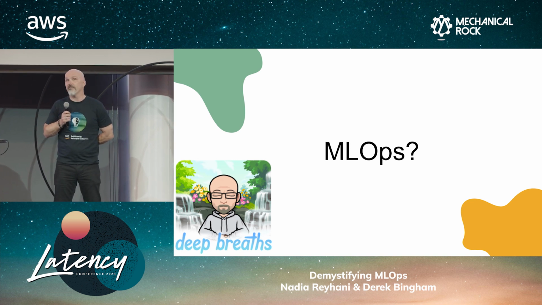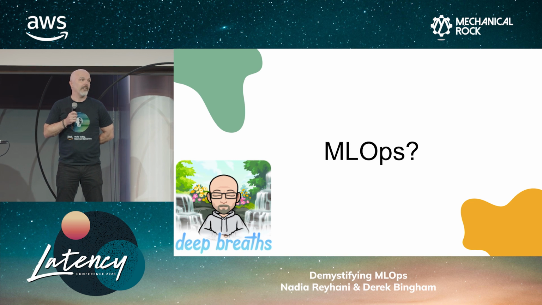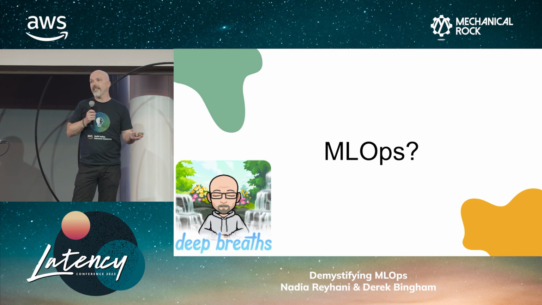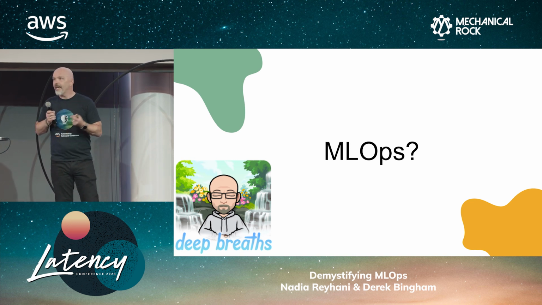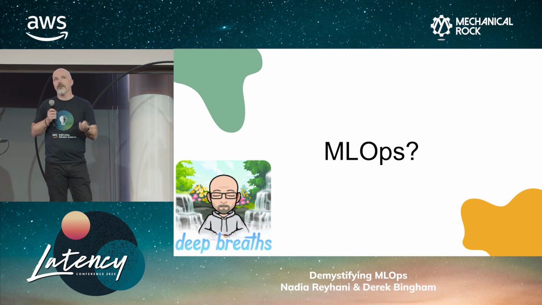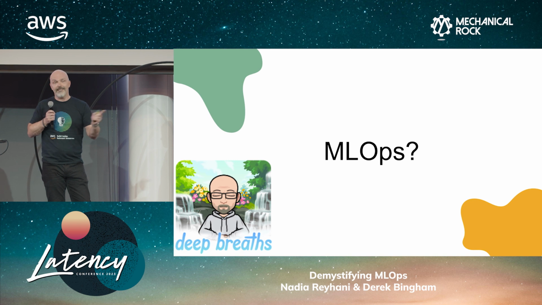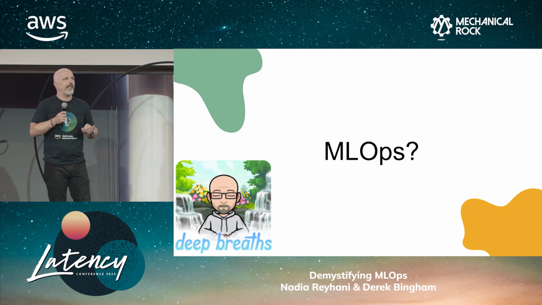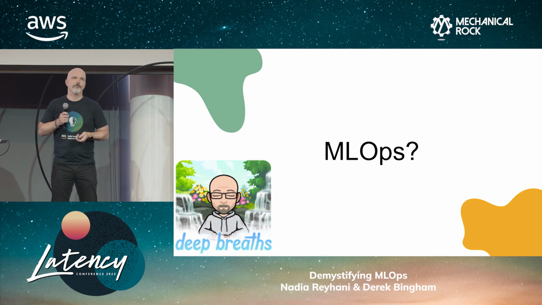You may automate different things than you would in a development pipeline, but with MLOps, you automate things like training your model, deploying that model, and then other bits along the pipeline, which Nadia will explain as we go through it. So when you think about MLOps, just think about automating everything.